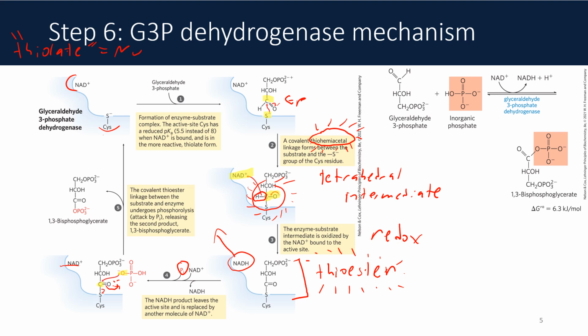The one that's going to go is right over there, because the thiolate, S-, is the best leaving group available. Breaking that bond will liberate 1,3-bisphosphoglycerate, and it will bring us back to where we started. NAD+ and a deprotonated cysteine ready to go at it again.